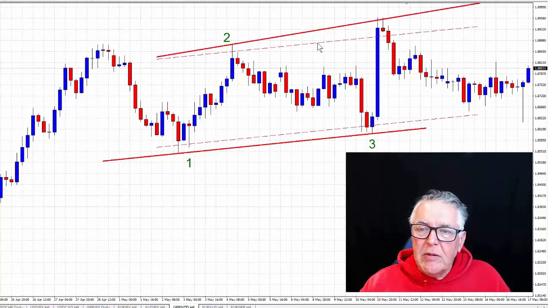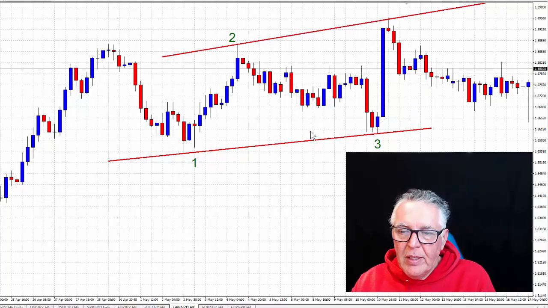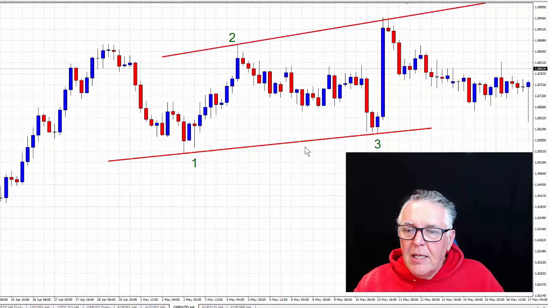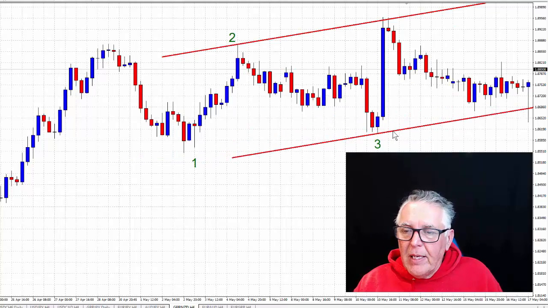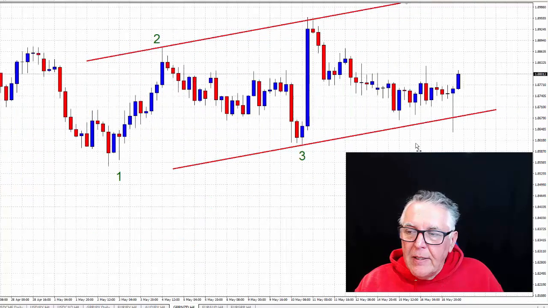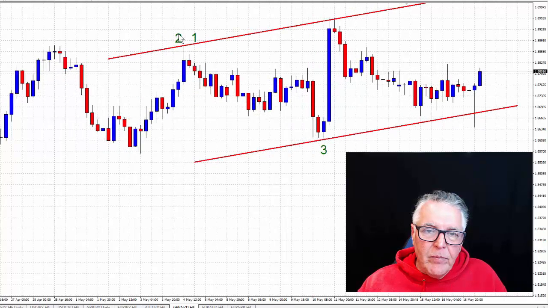I'm just going to delete the secondary lines, and then this line becomes obsolete. This one then becomes the new channel line, and the numbers all change again. So that becomes 1, that becomes 2, and this becomes 3.